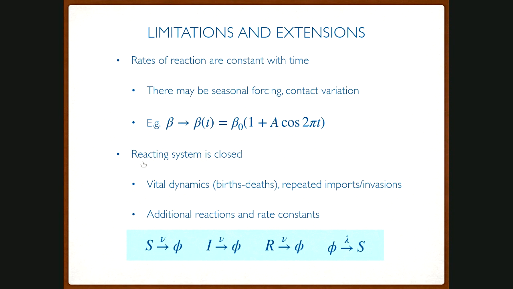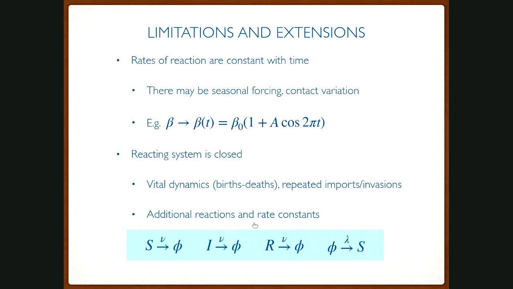Another point I made was we had previously been assuming that the system is closed, so there's no entry or exit from it. In reality, with some diseases, you need to take into account what they call vital dynamics, so the births and deaths of the population, the demographic changes. And how it's often done is you add a bunch of extra reactions.